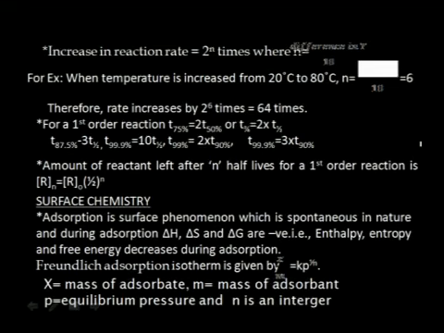The coefficient of hydrogen is 3, and therefore when we express the rate in terms of decrease in concentration of hydrogen, it would be equal to minus 1 by 3 d of H2 by dt. The product is ammonia, which has got 2 moles in the balanced equation, and therefore the rate with respect to formation of ammonia is 1 by 2 d of NH3 by dt.